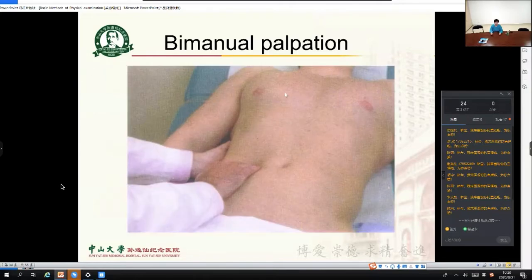Use the left hand behind the right side of the patient's back to lift and fix the organ, such as the right kidney or the liver. So lift it with your left hand on the back, and use your right hand to do the deep palpation of the liver, as well as the slipping palpation. So this is the bimanual palpation for the liver.